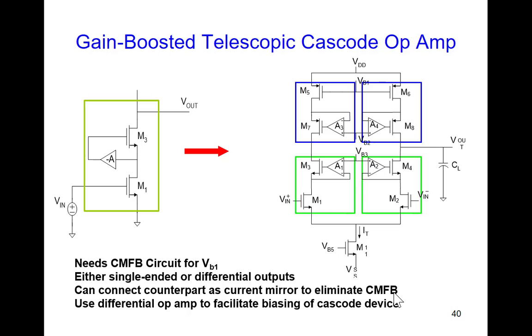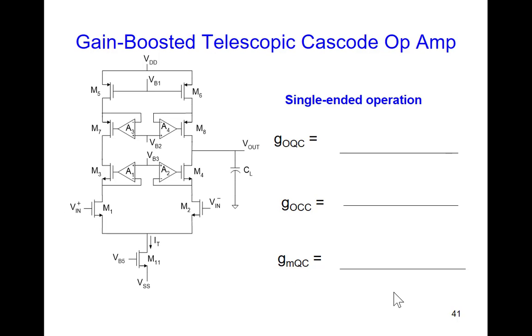Somebody want to write down the gain expression for the circuit? So what do we need? GM of the quarter circuit, G out of the quarter circuit, and G out of the counterpart circuit, right? If we get these three things, we can write down the overall gain and gain bandwidth product by inspection.